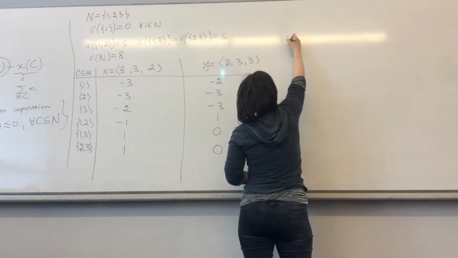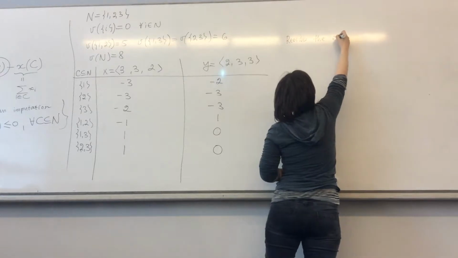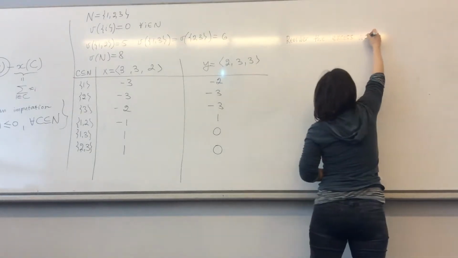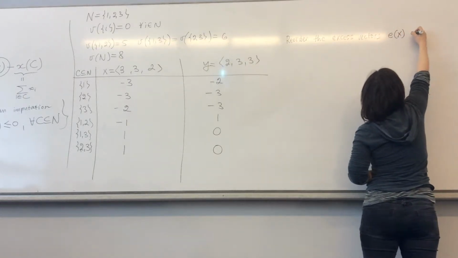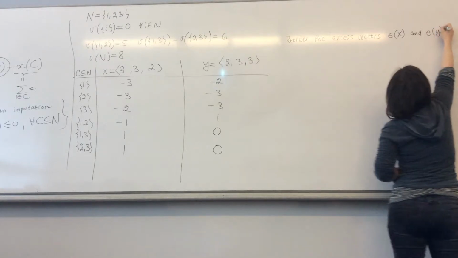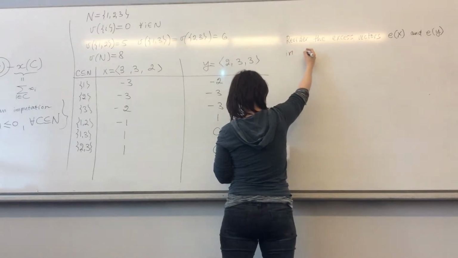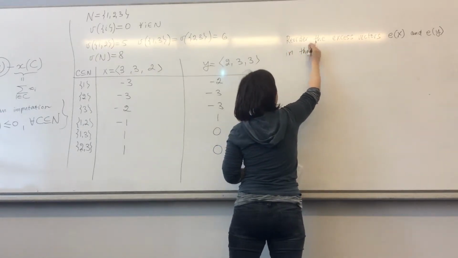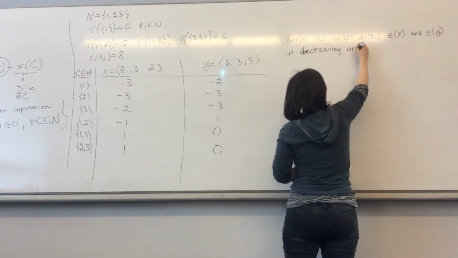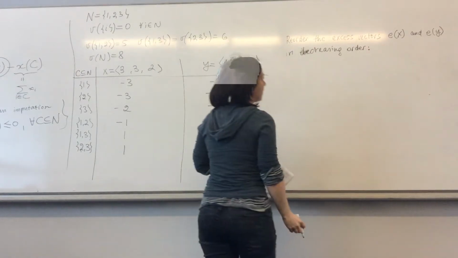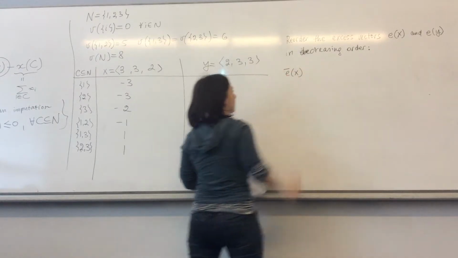So we reorder the excess vectors, what we call excess under x and excess under y, so we get e of x, and we denote it by bar, right?